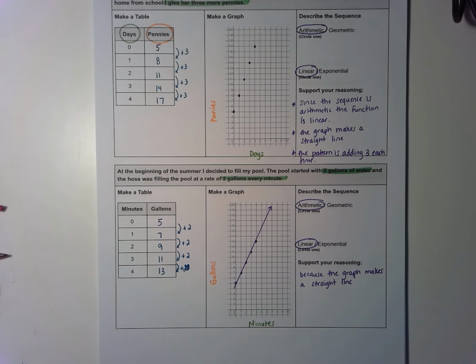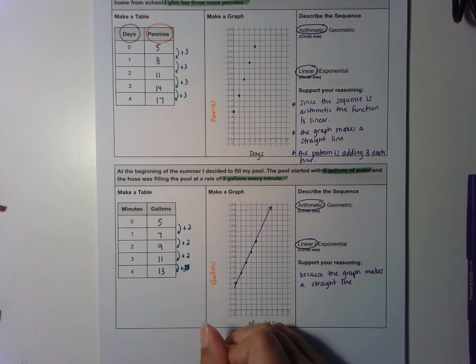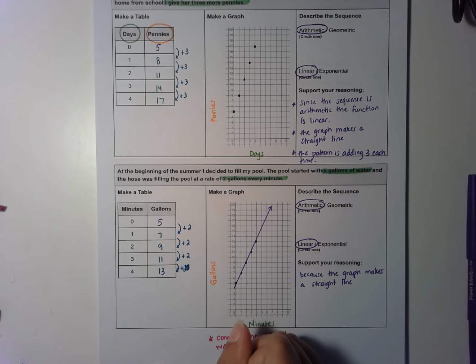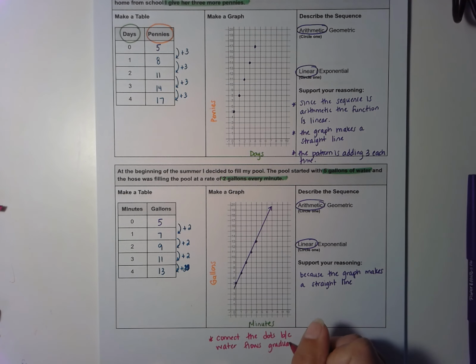Which I can say because I made the graph here. But the big new thing that I want you to realize about this problem is that this time we connect the dots because water flows gradually.